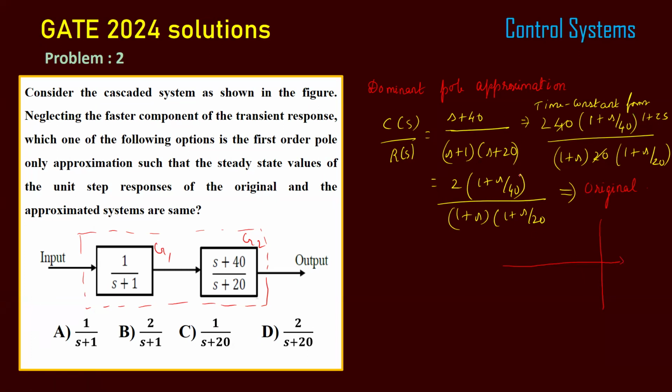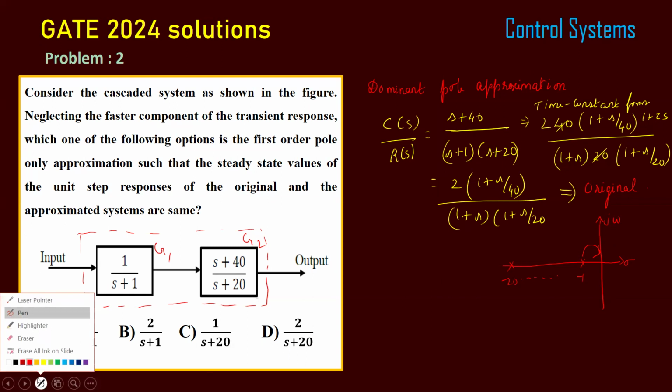Poles are minus 1 and minus 20. Minus 20 is far from the imaginary axis, and minus 1 is nearer to the imaginary axis. This is the imaginary axis. When comparing, minus 40 is the zero, so that is also far. So minus 1 is the one near to the imaginary axis. So we can say this is the dominant pole. So other poles can be eliminated.